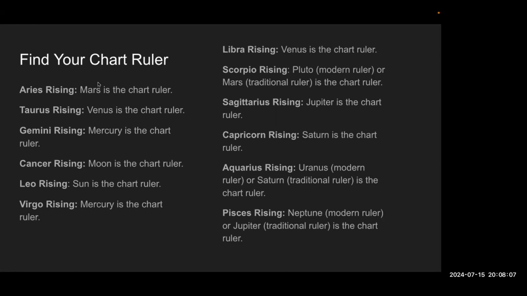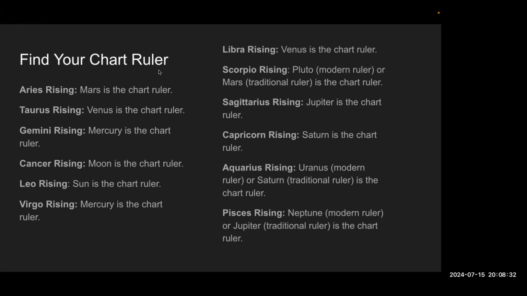I want you to find the sign, and then you could refer to this chart to figure out which planet rules that sign. I'm ruled by a luminary, not a planet, though, right? Cancer rising, the moon. Yes, the moon and the sun are both considered the luminaries. So, in technical terms, they wouldn't be considered a planet.